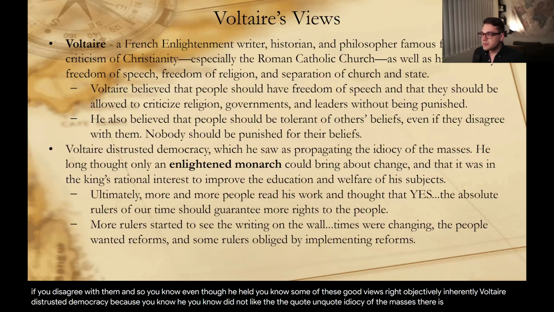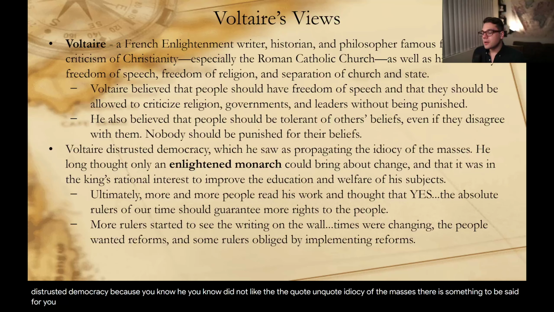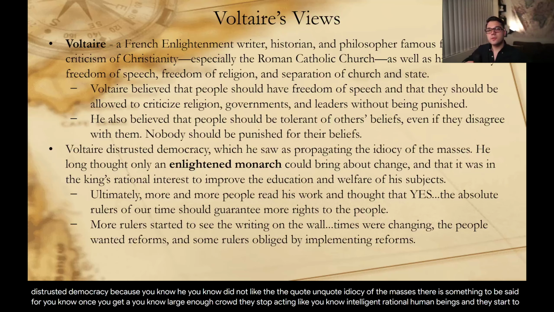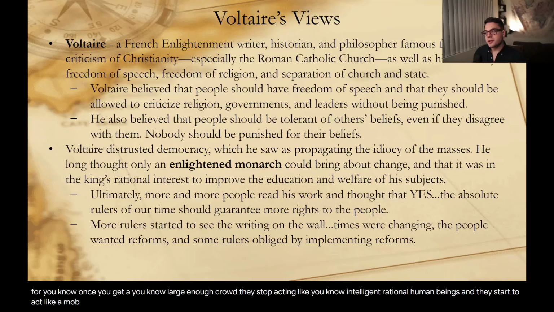There is something to be said for once you get a large enough crowd, they stop acting like intelligent, rational human beings, and they start to act like a mob. And so he did not necessarily agree with that or like it.